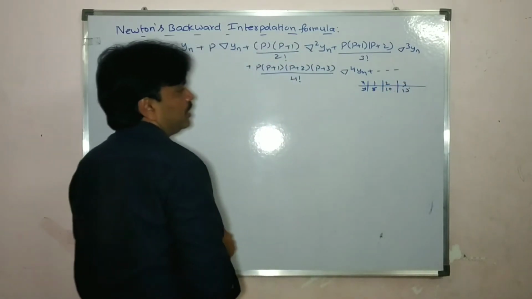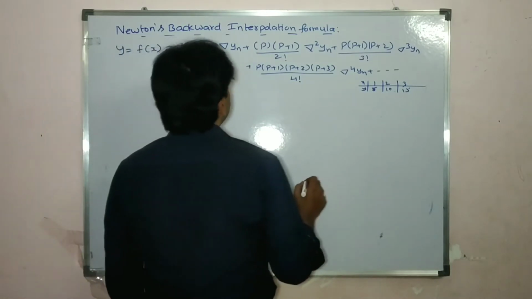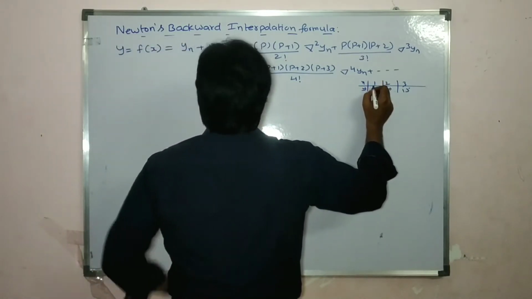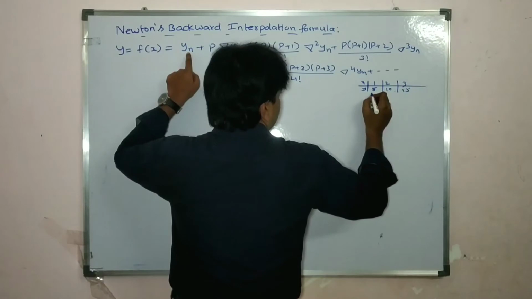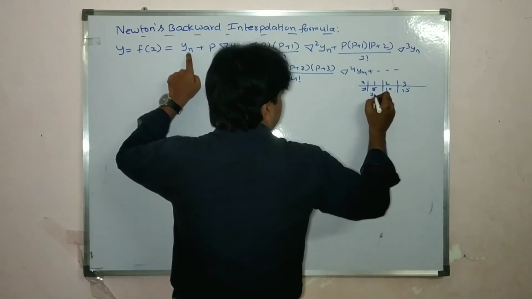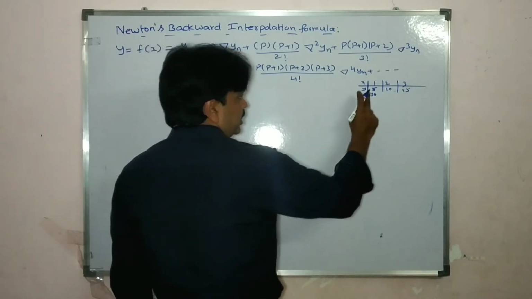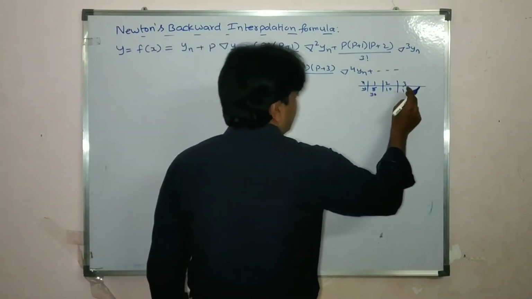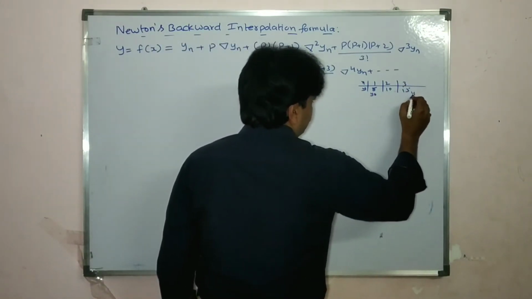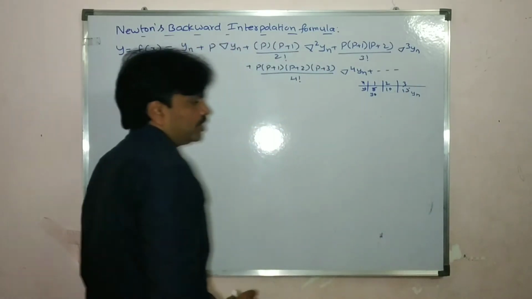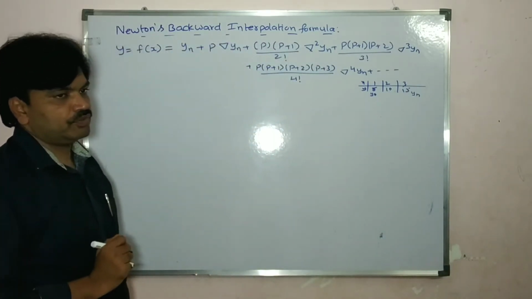Now here we have yn. So this is y0, the initial point, the first point is y0. Whatsoever the last value is, that is yn.